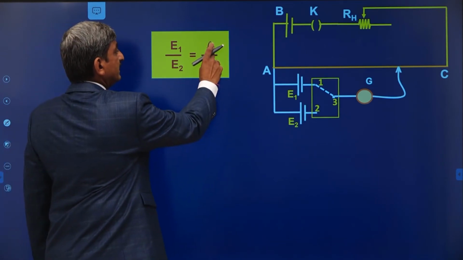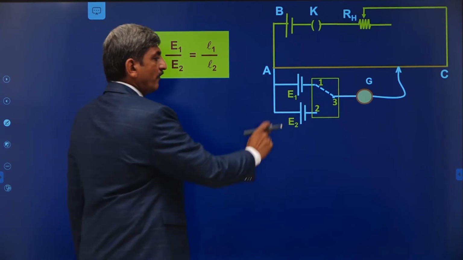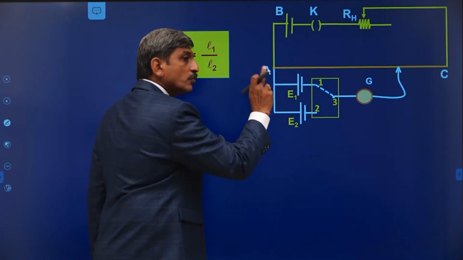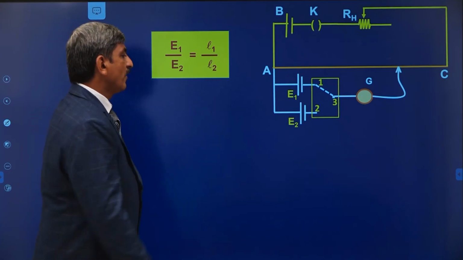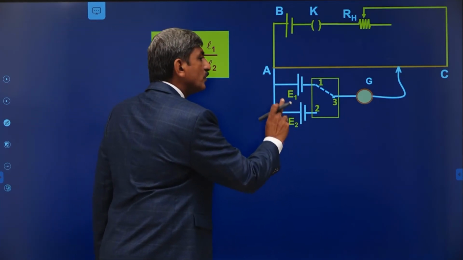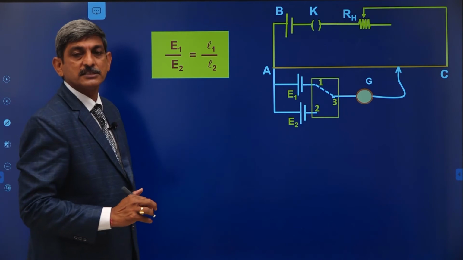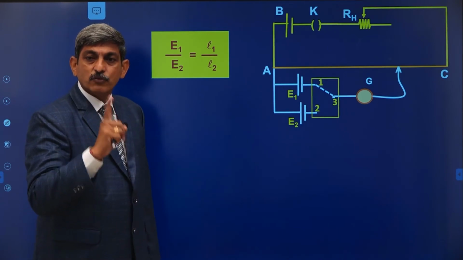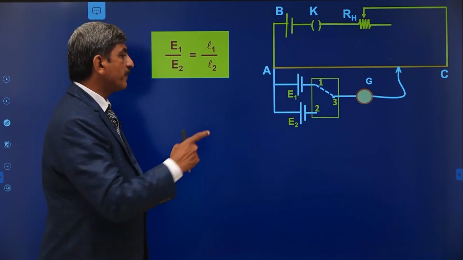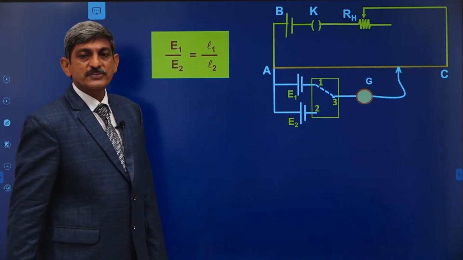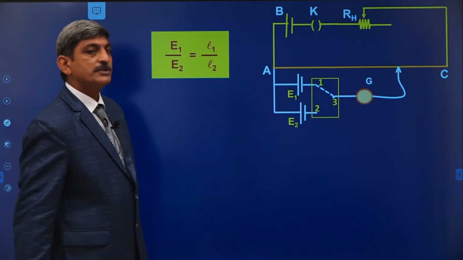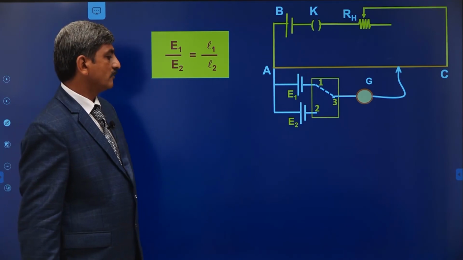Here L1 is the balancing length when the first cell of EMF E1 is only connected in the circuit, and L2 is the balancing length when the second cell of EMF E2 is only connected. That means at a time we connect only one cell and the corresponding balancing length is determined, and the ratio of the EMFs can be determined by that formula E1 by E2 is equal to L1 by L2.